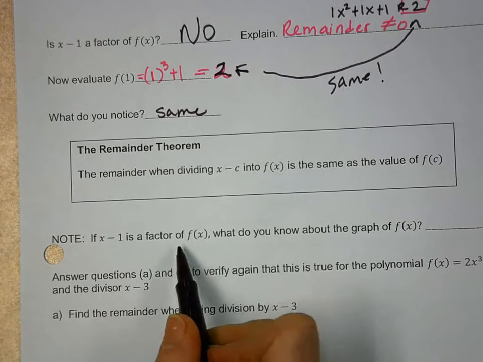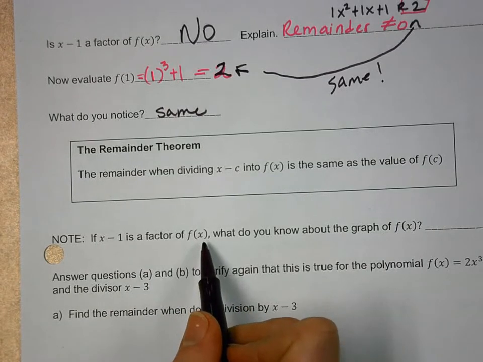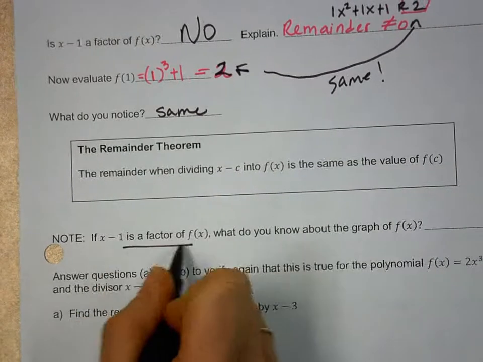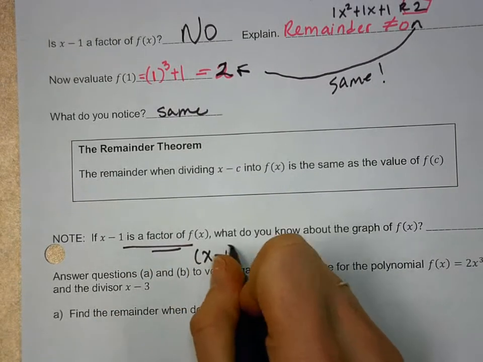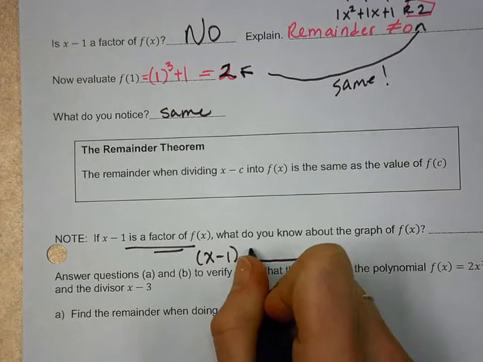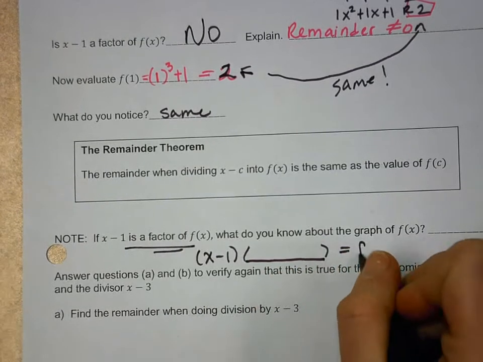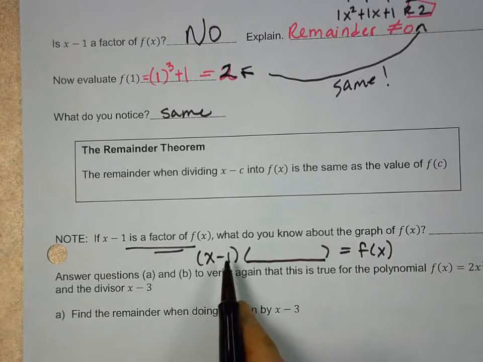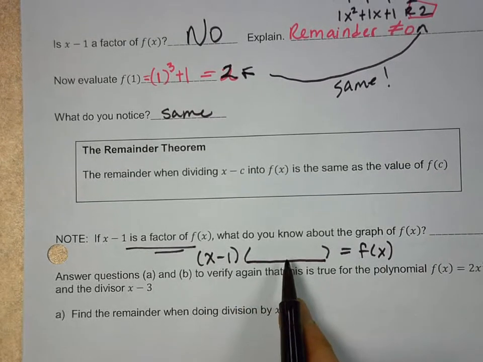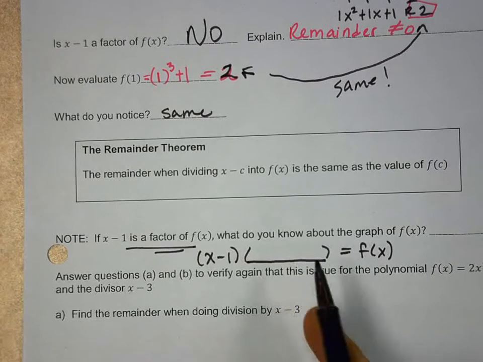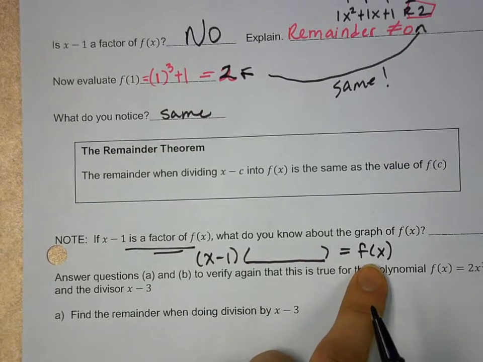Notice, if x minus 1 is a factor of a function, if I think that x minus 1 times something else is equal to the function, I can think of it in that way because I know x minus 1 times something, there's going to be no remainder. So that product will produce the function.